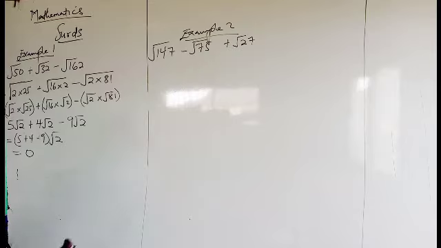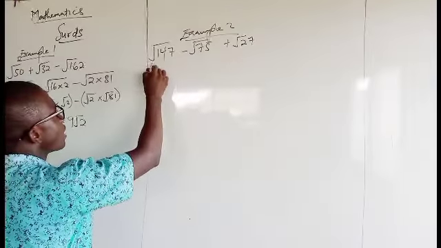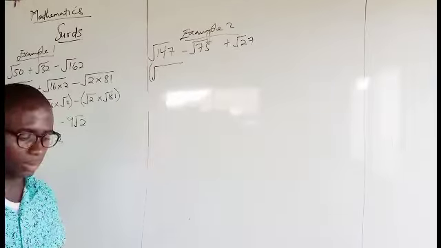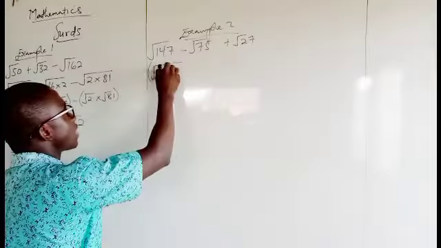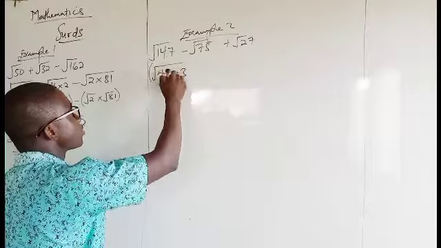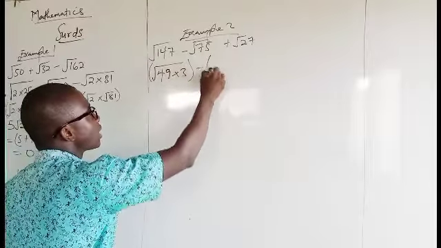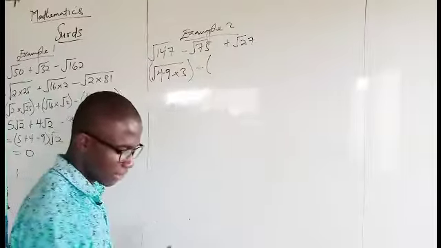Now let's break them down. Root 147 will be 49 times 3.